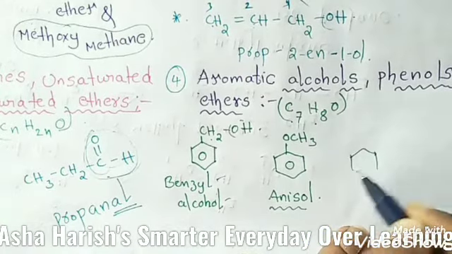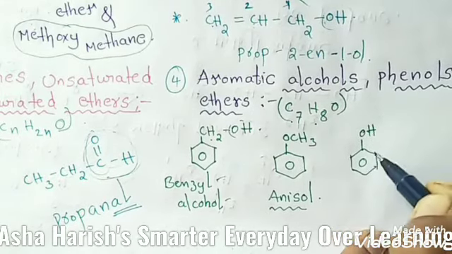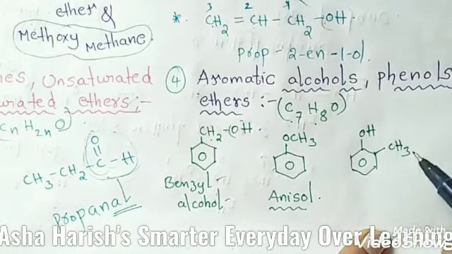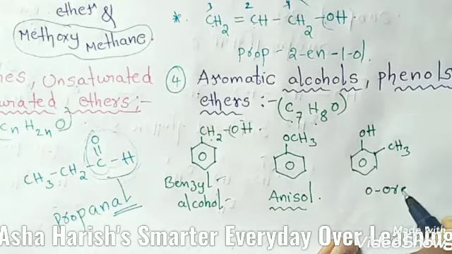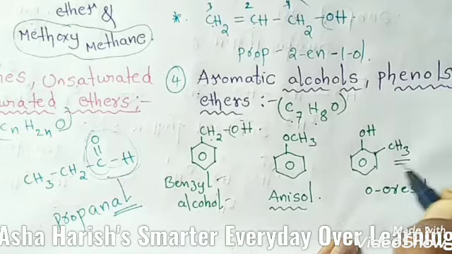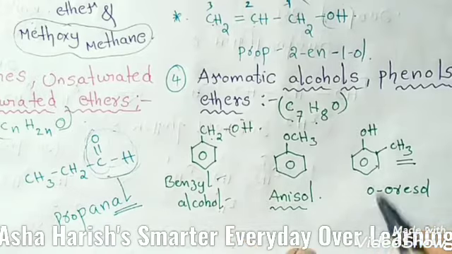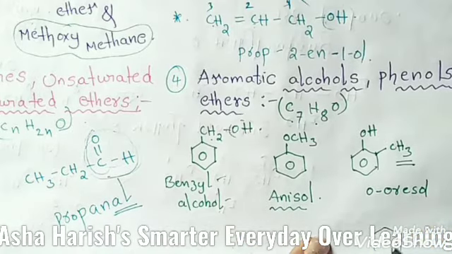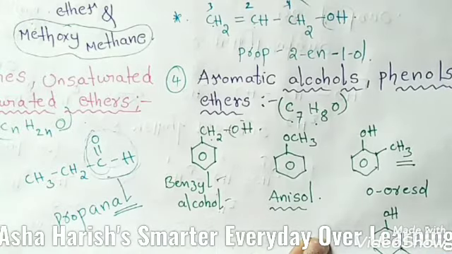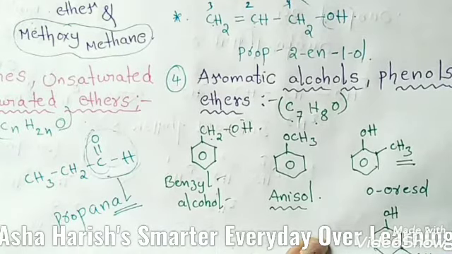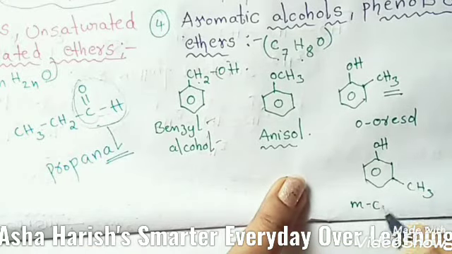Again on this benzene ring, at the first carbon an OH group and at the second carbon a CH3 methyl group is located. This is the ortho position, called orthocresol. Then on the benzene, the OH group and the CH3 methyl group are located with one position in between, at the bottom of the ring. This is called metacresol.